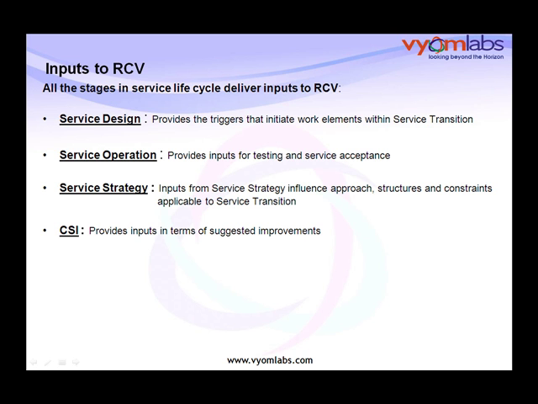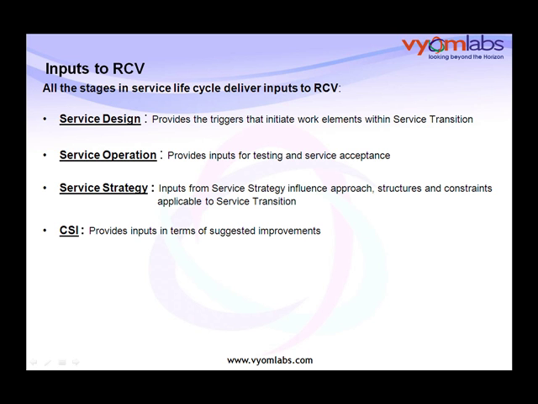Input to release control and validation are from all the stages of the service lifecycle. Service design provides the triggers that initiate the work element with service transition. Service operation provides input for testing and service acceptance. Service strategy provides input in terms of influencing approach, structure, and constraint applicable to service transition.